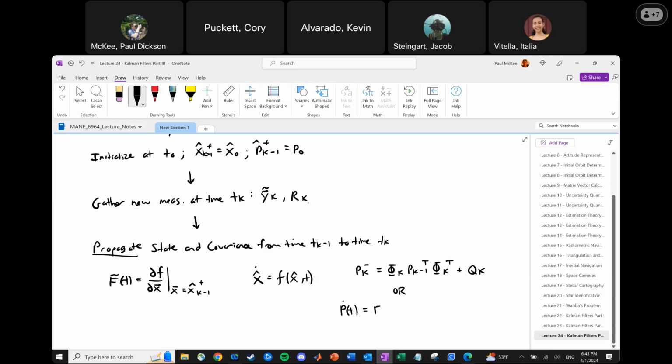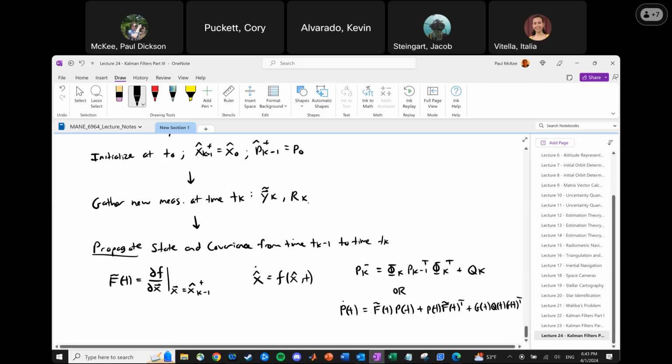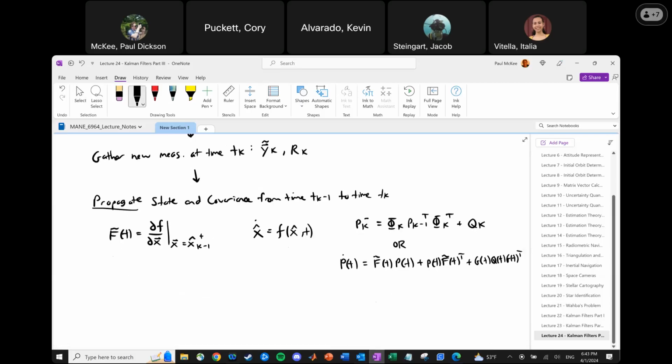So this is P dot of t equals F of t P of t plus P of t F of t transpose plus G of t Q of t G of t transpose. All right. And then so we've got two options for how to do our covariance propagation.